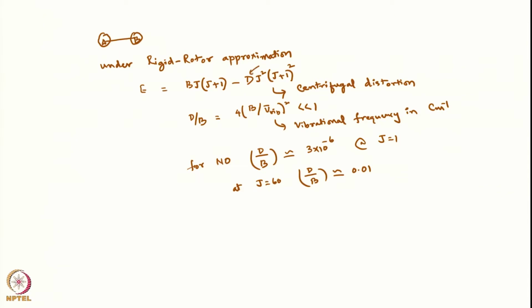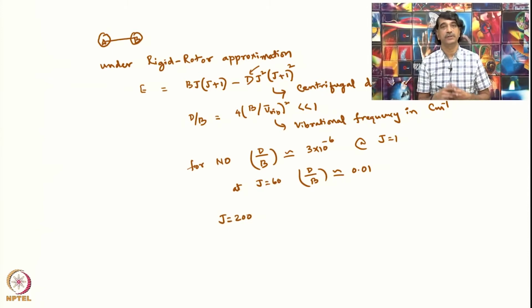Only when J goes to very large values, let us say J is equal to 200, then the centrifugal distortion constant will start making an effect.